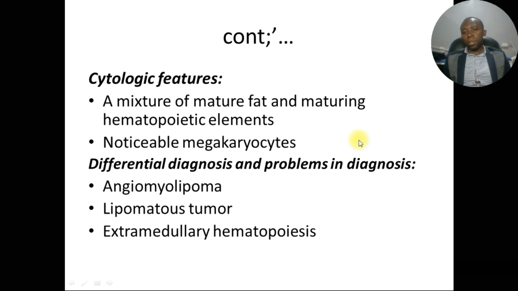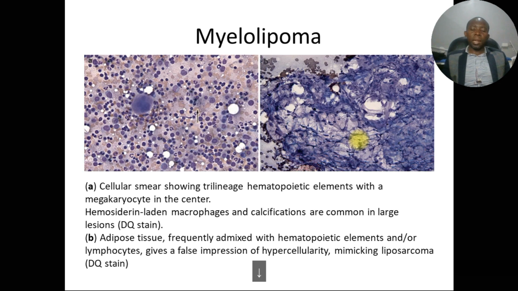Regarding differential diagnosis and problems in diagnosis, this may be confusing. For example, it may be hard to distinguish the myelolipoma from the angiomyolipoma, and for cases of lipomatous tumors and extramedullary hemopoiesis, these could be confusing and need to be critically looked at.